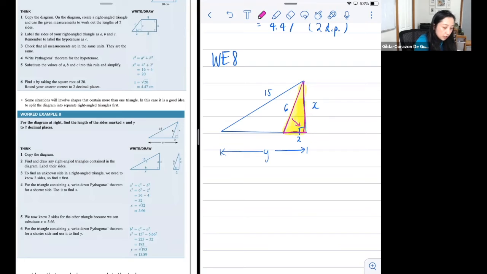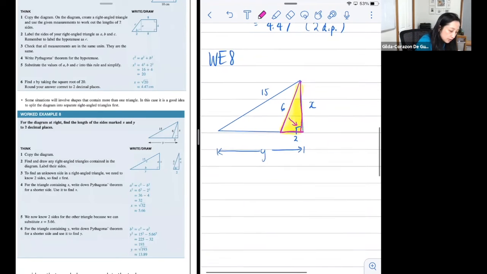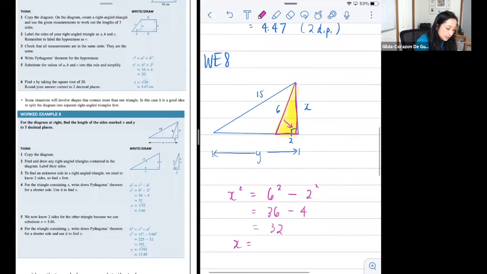So now we've got one of the shorter sides unknown. Let's use our Pythagoras theorem. x squared equals 6 squared. What do I need to remember for my formula for this one? Minus. So I've got 6 squared minus 2 squared, and that's 36 minus 4. I get 32. And for me to get x, I get the square root of 32.